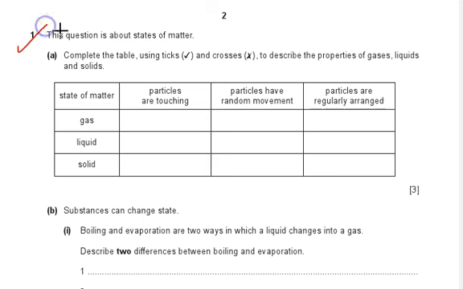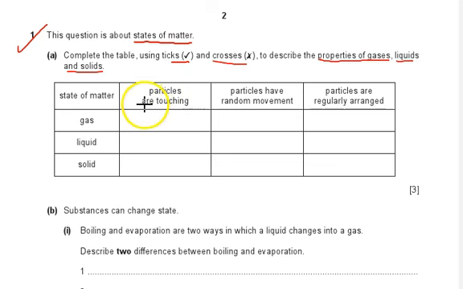Question number 1. This question is about states of matter. Complete the table using ticks and crosses to describe the properties of gases, liquids and solids. We have gas, liquid and solid.